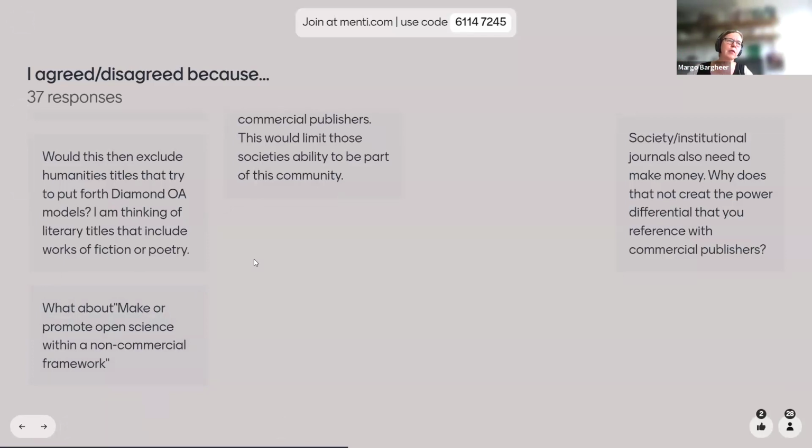For me, the risk is much higher that we exclude the ones that we should be including if we are too strict on our criteria, than having a few journals disguising as Diamond Open Access, whereas in fact they hate open access and they are not at all interested in equitable open access.